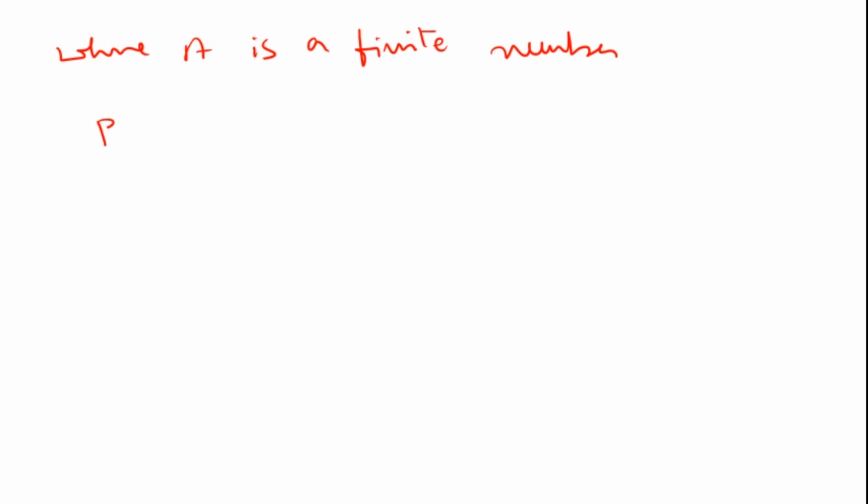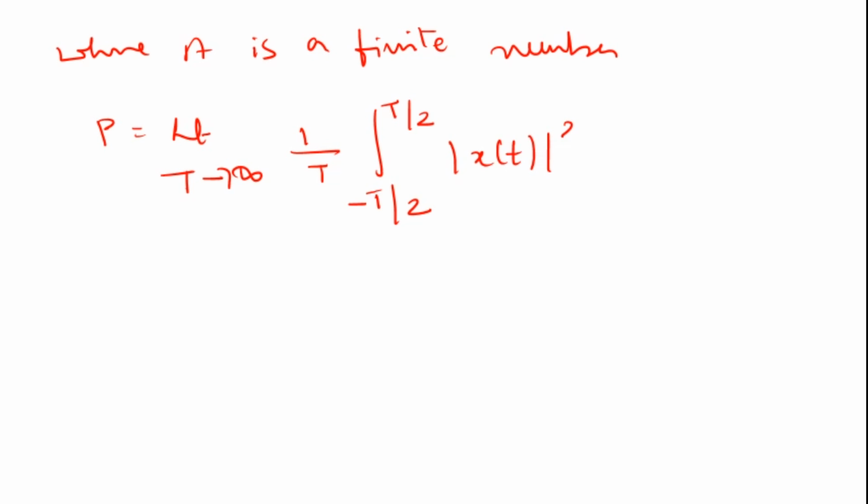Then P is equal to limit T tends to infinity 1 by T into integration of minus T by 2 to T by 2 mod of x of t whole square into dt.